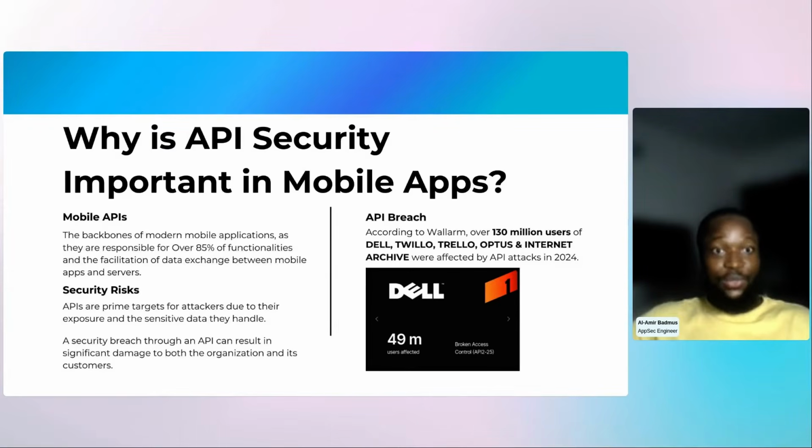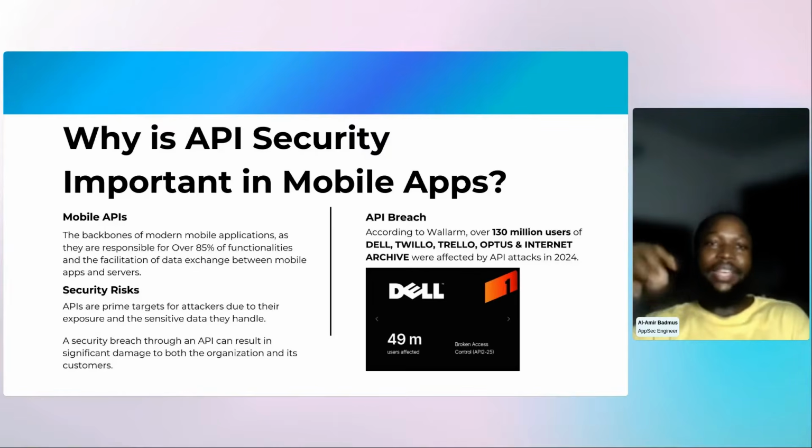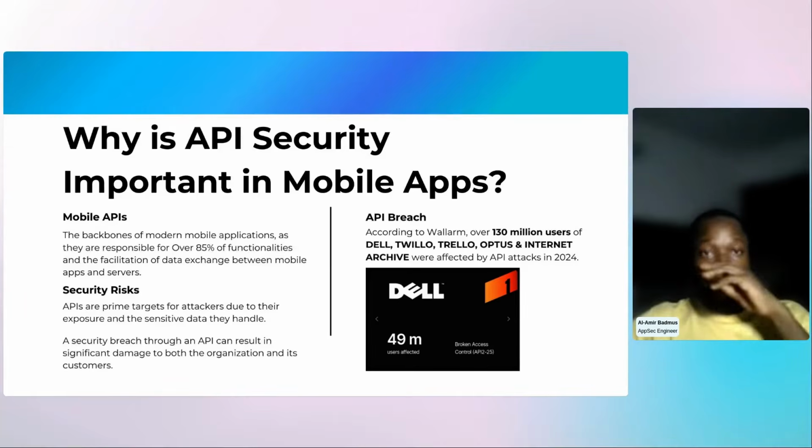APIs are the backbones of modern mobile applications, as they are responsible for over 85% of the functionalities in a mobile application, and they also facilitate the data exchange between the mobile application and the API servers.